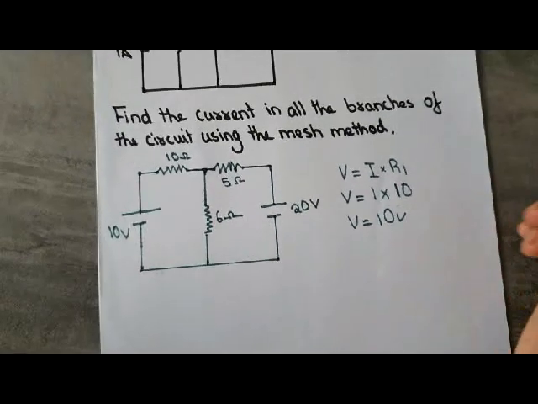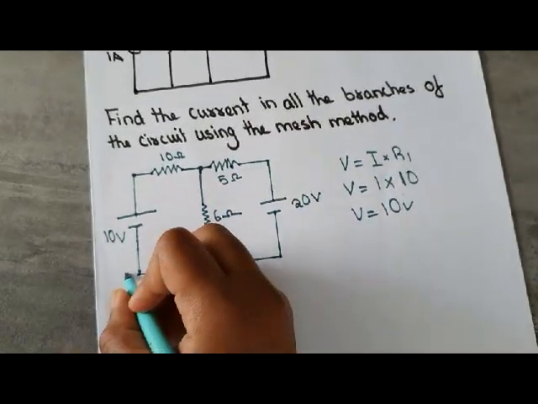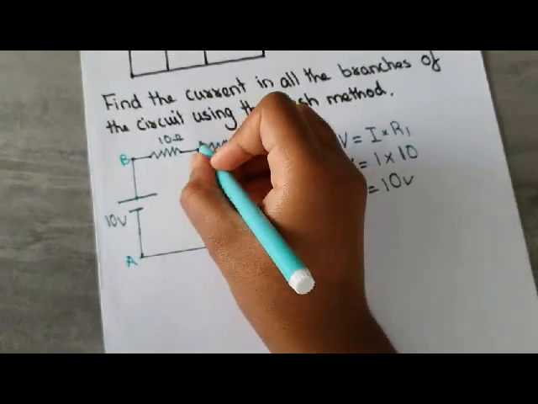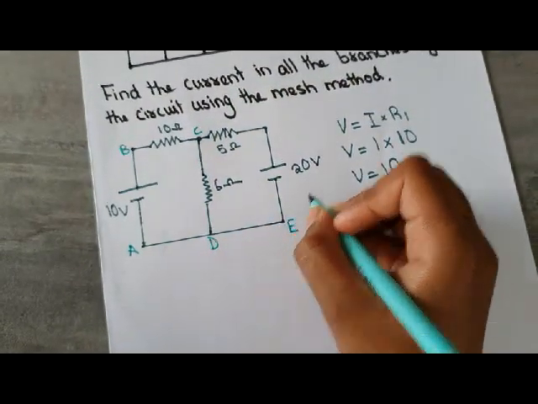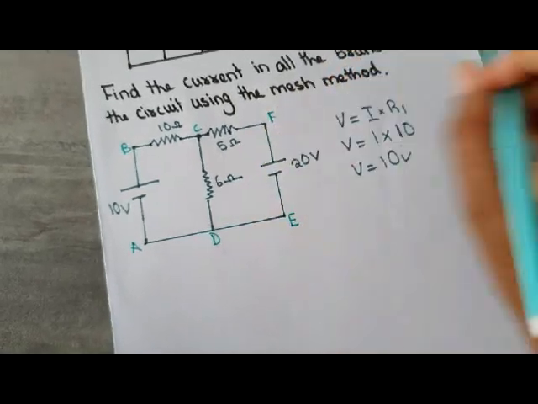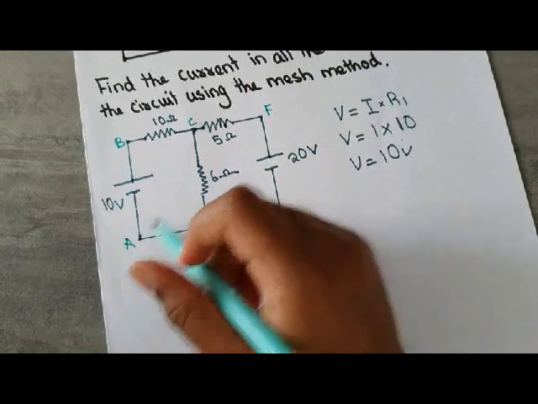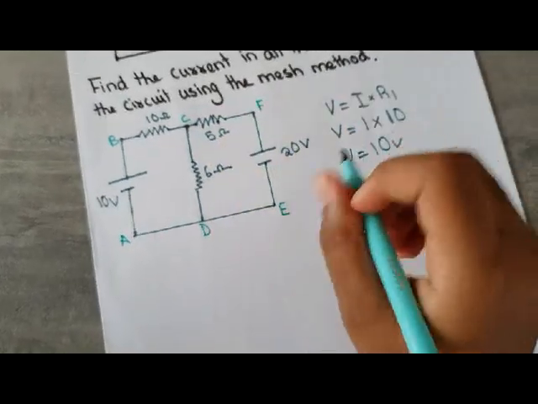First step we already know, you need to identify the mesh. So first let me label it A, B, C, D, E, F. Now we know the meshes here: A, B, C, D, A, and then C, D, E, F, C. There are two meshes.